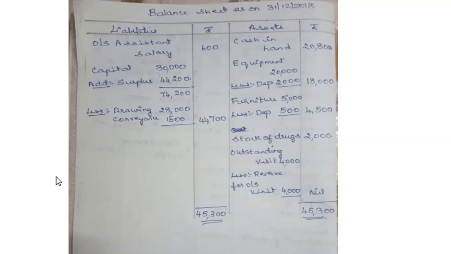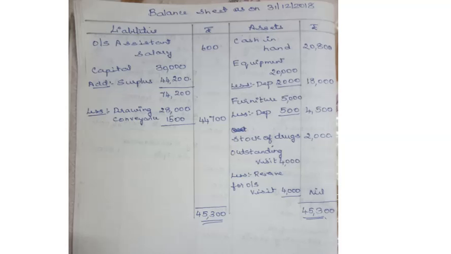In the balance sheet you will write outstanding visit income, that is 4,000, less reserve for outstanding visit 4,000. 4,000 cancels, the balance is nil. The balance will always be nil, but you have to show outstanding visit and less reserve for outstanding visit, 4,000, same amount, then nil.